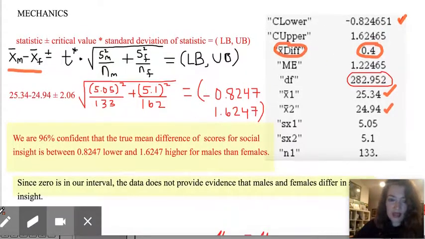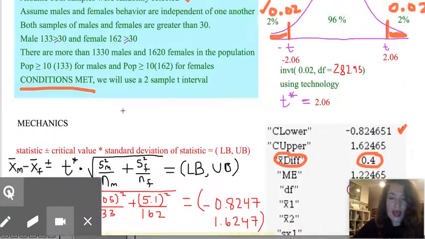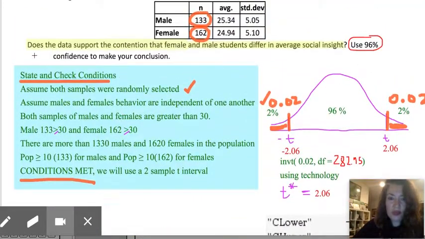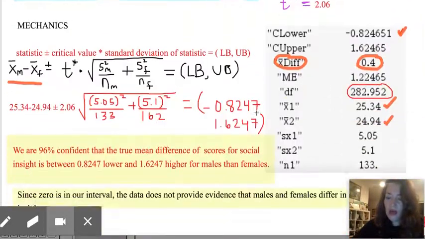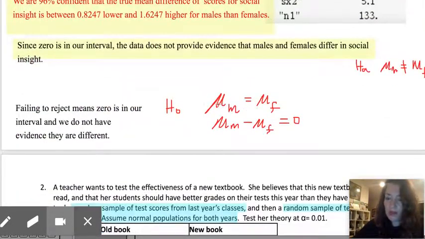Now, to answer the question that was originally asked in the beginning, very important, it says, does the data support the contention that female and male students differ in social insight? If we were to do a two-sample hypothesis test, in our hypothesis, we would write that the null would mean that the population mean of males is equal to the population mean of females.